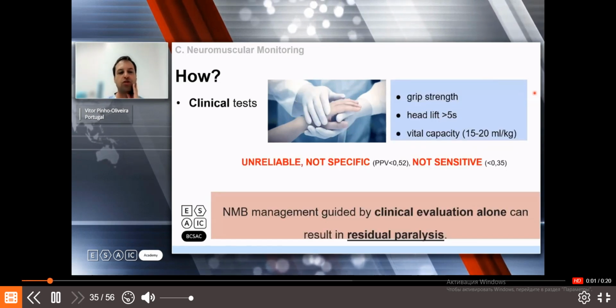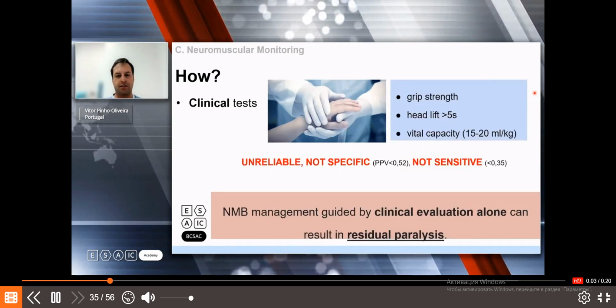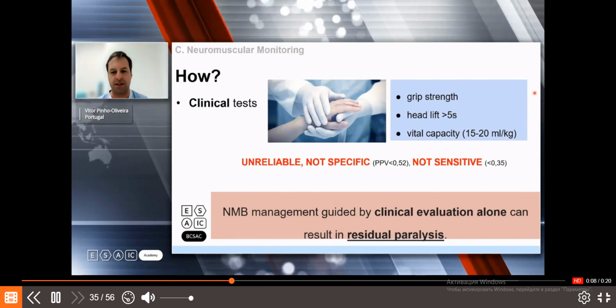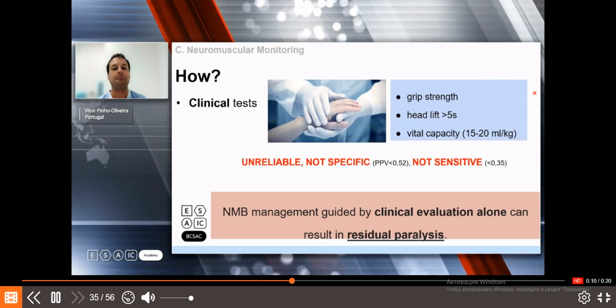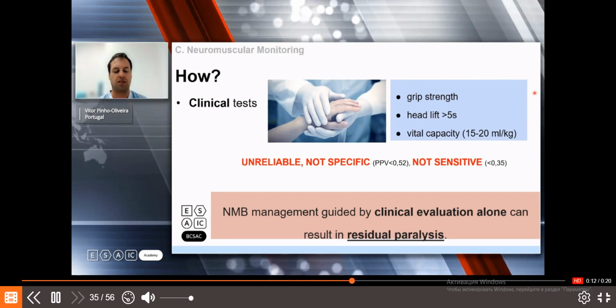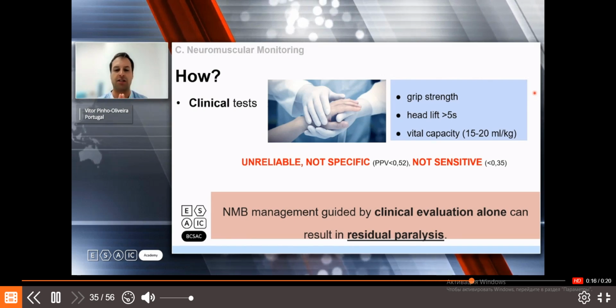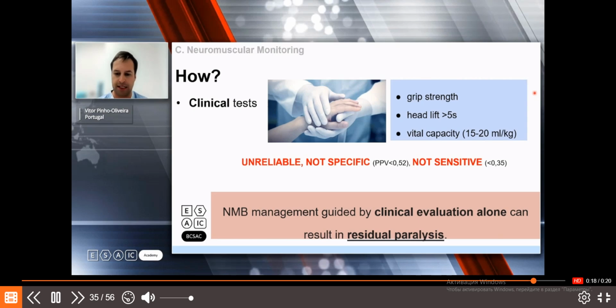Why should you not use clinical tests, the grip strength or the head lift? Because they are unreliable, they are not specific, they are not sensitive. So the neuromuscular blocking management guided solely by clinical evaluation can result in residual paralysis.